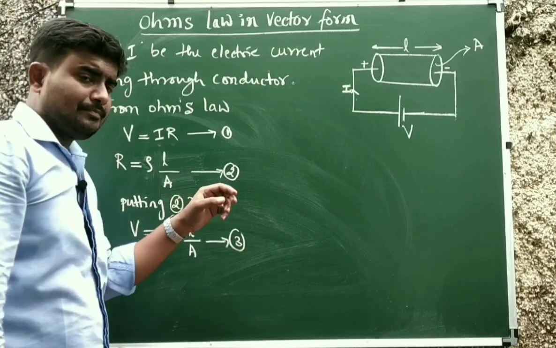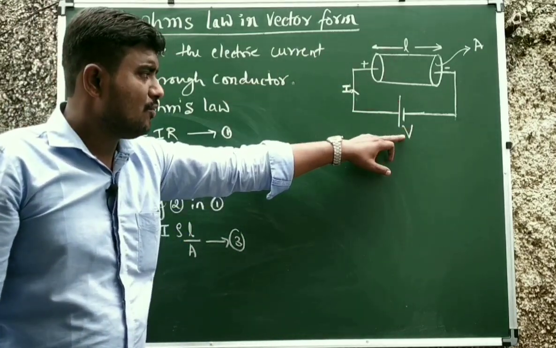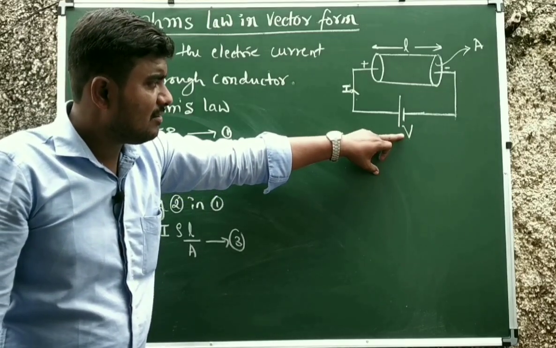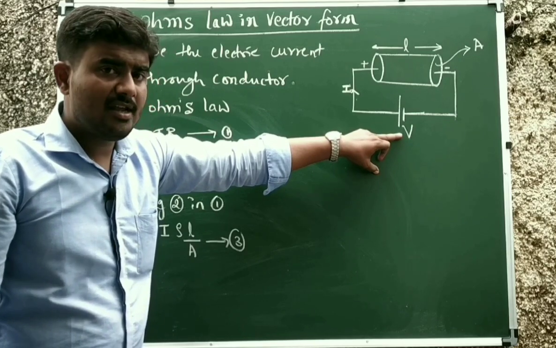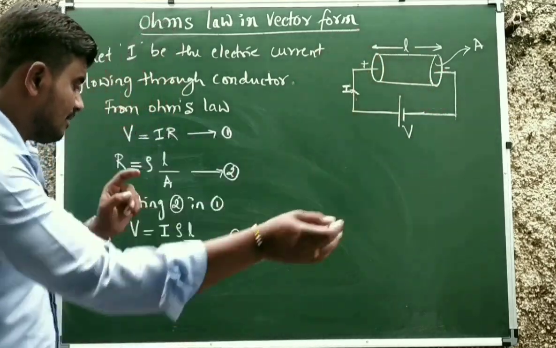As we know the relation between potential difference and electric field, because we have connected a battery here, and this battery creates an electric field across the ends of the conductor, right?